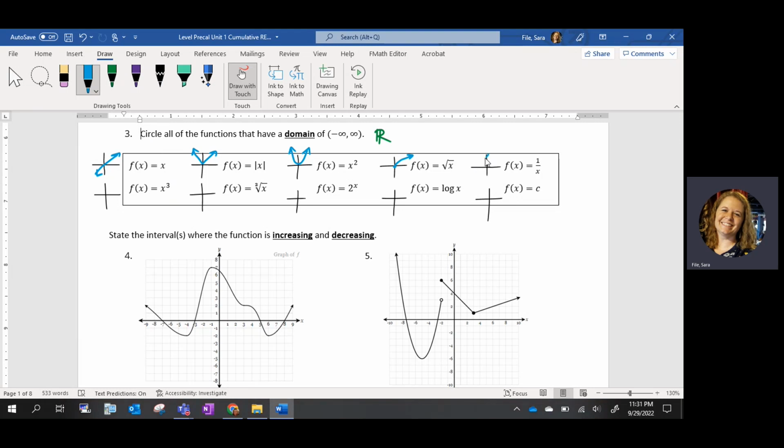The rational function is the one with those asymptotes, so it has two curves in the opposite quadrants like that. The cubic comes down, it's kind of the S shape-ish, where it curves through the origin like that. And the cube root, a similar shape, but goes more left and right than up and down.